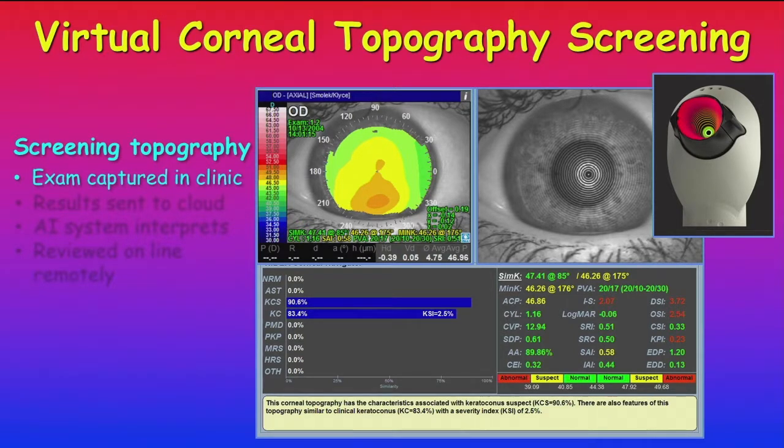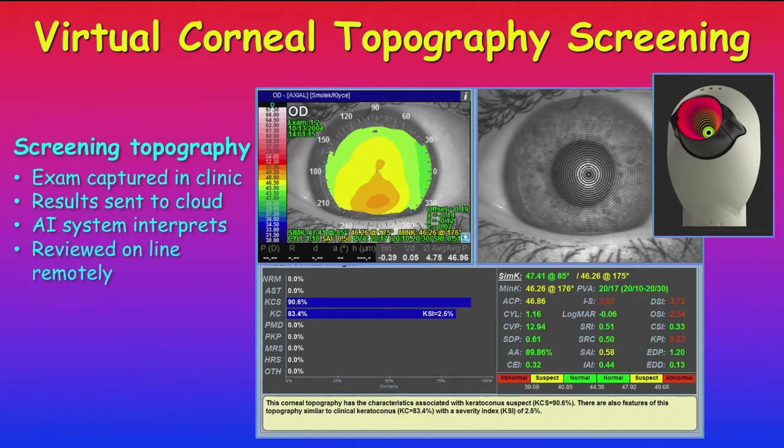With this approach, first the exam is captured in the clinic. The results of that exam are stored in the cloud. The AI system, which will be developed from a large database, then interprets the exam, and then that exam could be reviewed online.